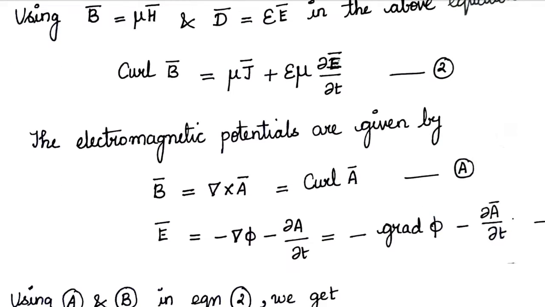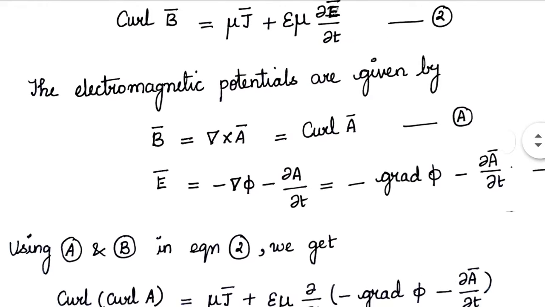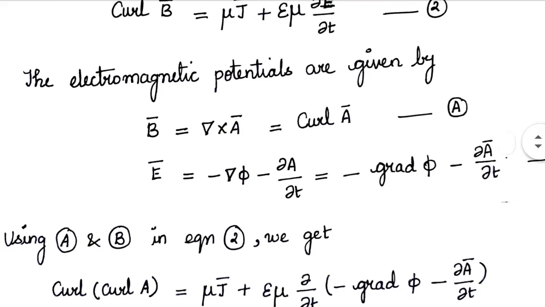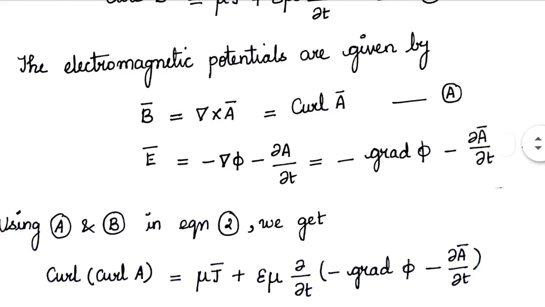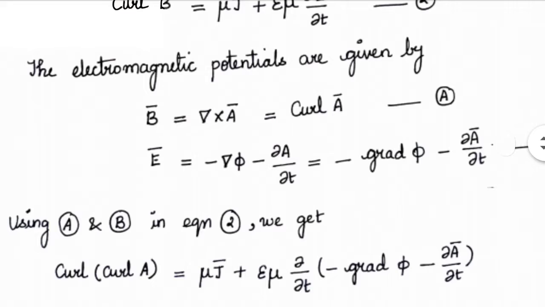We know the electromagnetic potentials are given by B vector is equal to del cross A vector, that is curl A, and E vector is given by minus grad phi, that is minus del phi, minus dou A by dou T. Phi is called as the scalar potential and A is called as the vector potential.